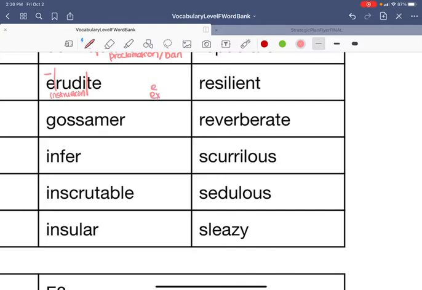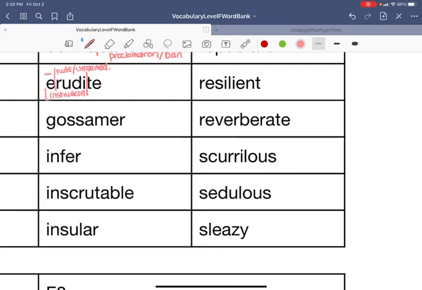The word with the E also has that same meaning of being without whatever root meaning we have. And rude means untrained. So it's the opposite of being untrained.